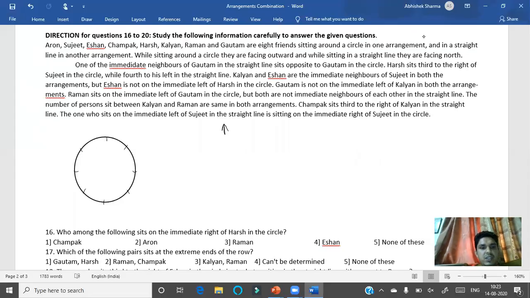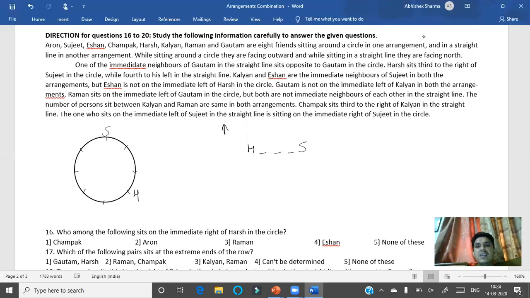So if Sujit is here, I can write first, second, third. Harsh sits third to the right of Sujit in a circle because they are facing outward. While in a straight line, Harsh will be fourth to the left of Sujit, right?